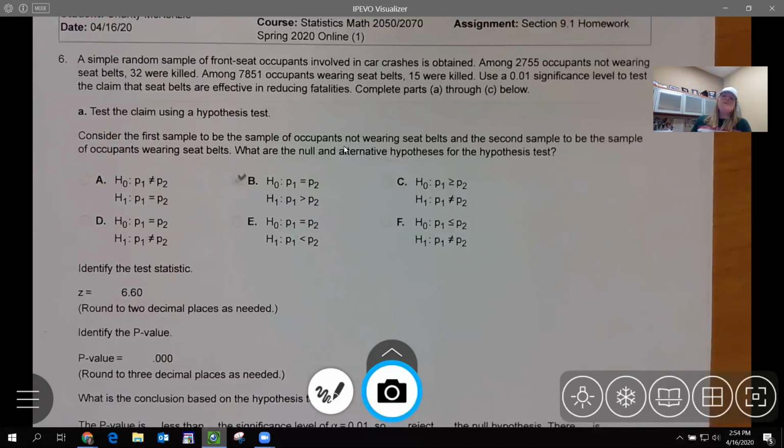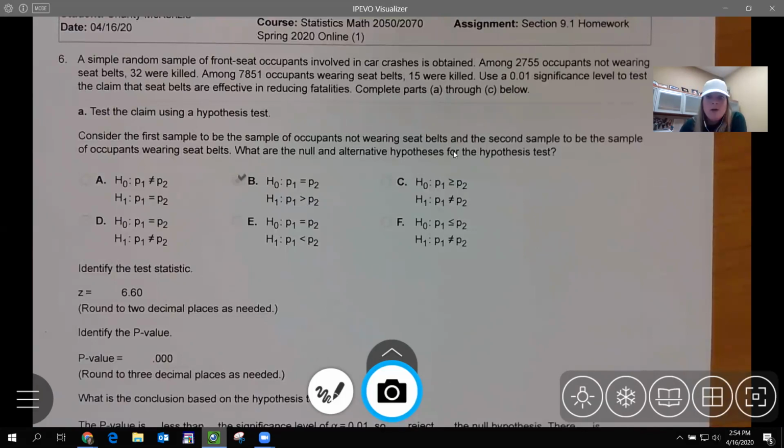Okay, so what do we always have to do when we start these is our null and our alternative, our claim, okay? If you look at this, you always have to have equals on your null. So this A, no. C, no. F, no. E, yes. D, yes. So one of these three has to be our proportion. Then we have to decide, are we saying one is greater than the other, one is less than, or not equal?